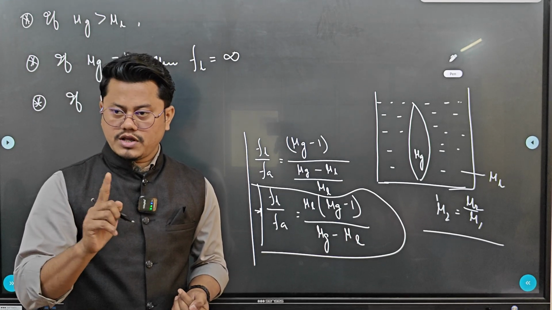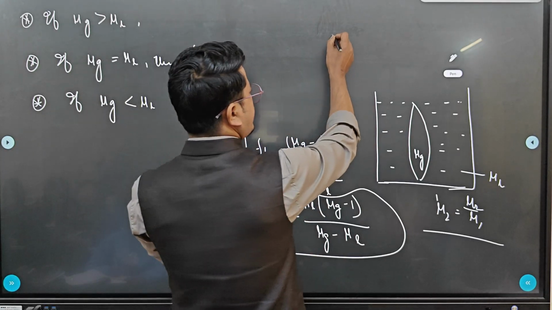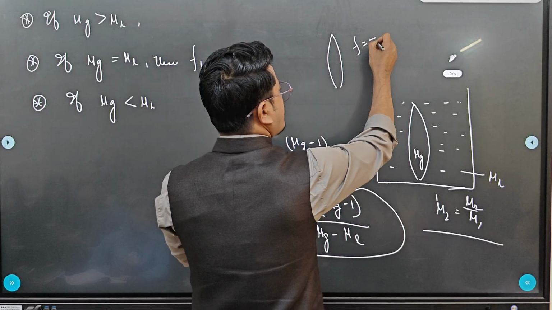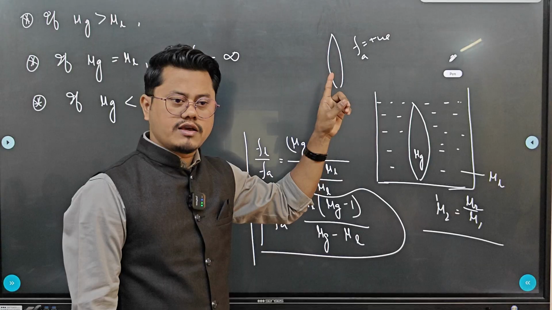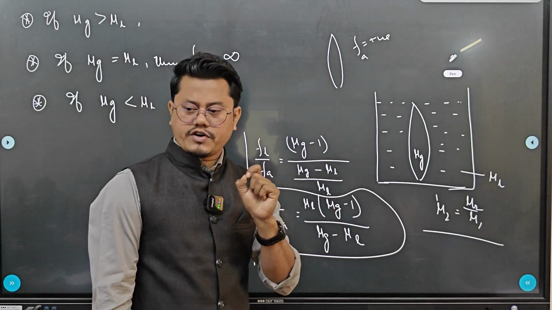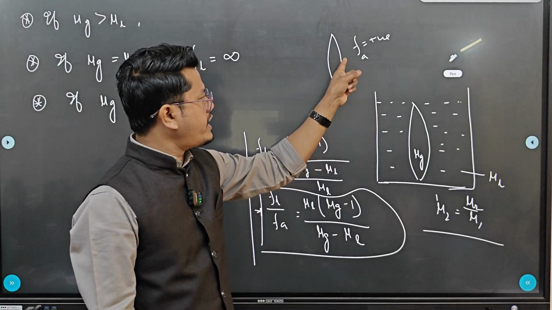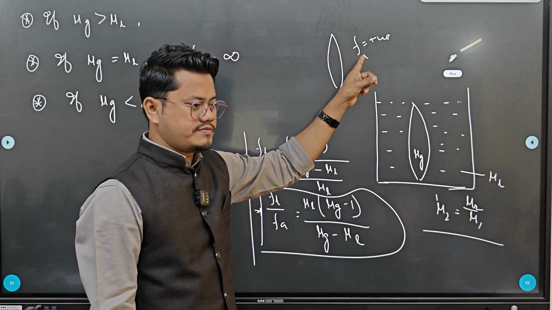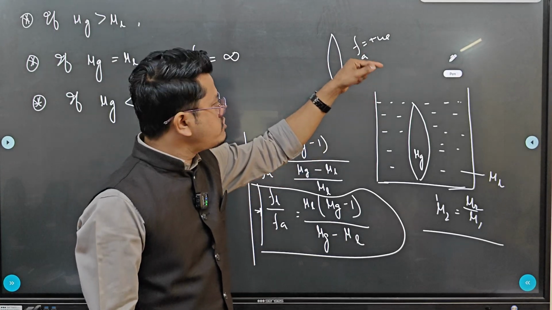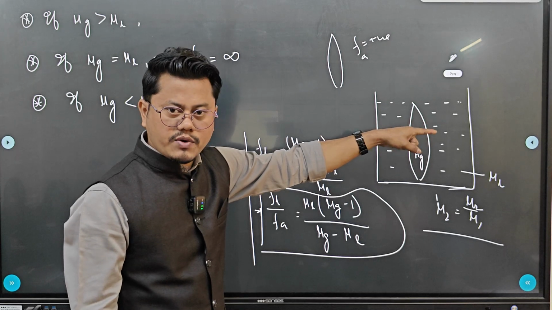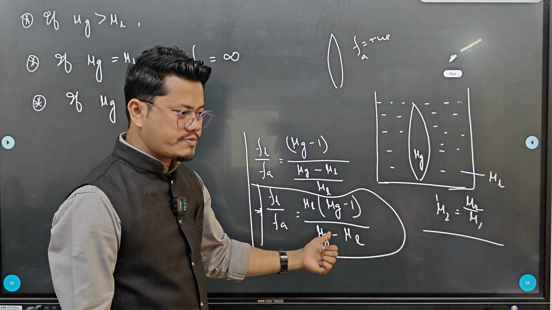So if I consider a convex lens in air, the focal length in air, let me assume it to be Fa, so Fa needs to be positive anyhow. But as soon as I immerse it inside a liquid having more refractive index than the lens, then according to the mathematical expression we are getting negative.